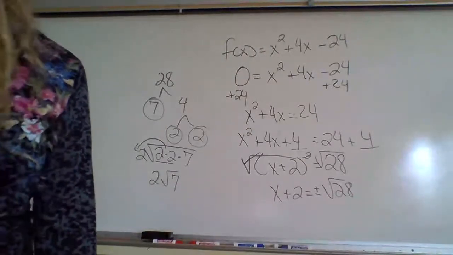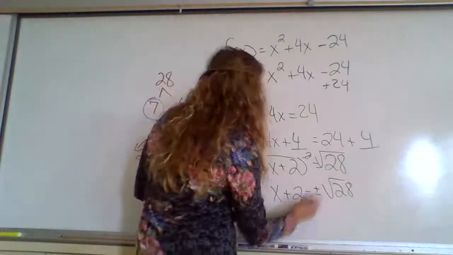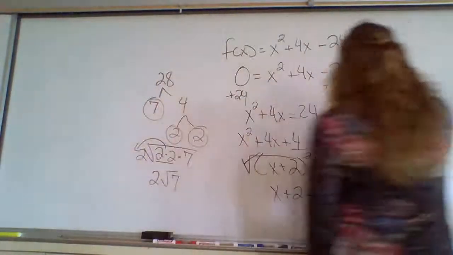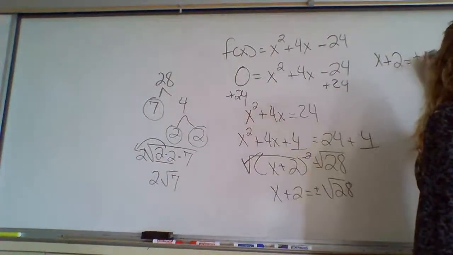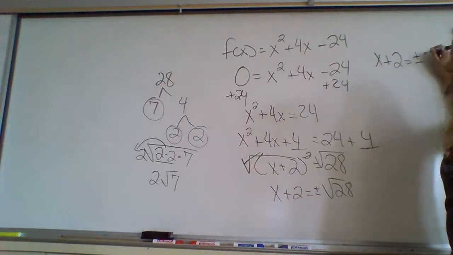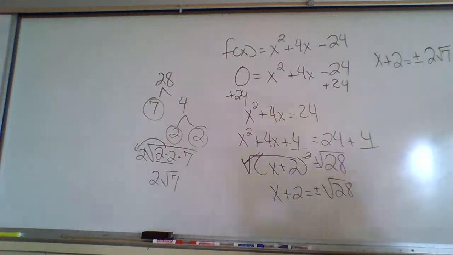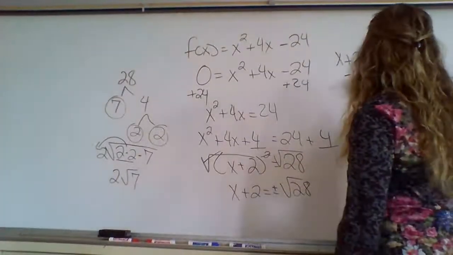No. Okay, well, whatever. So you're gonna subtract, oh, I'll rewrite it over here, my bad. So x plus 2 equals plus or minus 2 square root 7. Subtract 2.